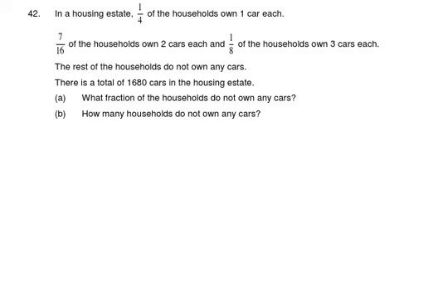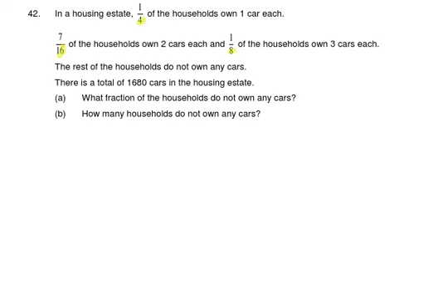1/4 of the households own one car each. 7/16 of the households own 2 cars each, and 1/8 of the households own 3 cars each. So you look at these 3, 4, 16, and 8.